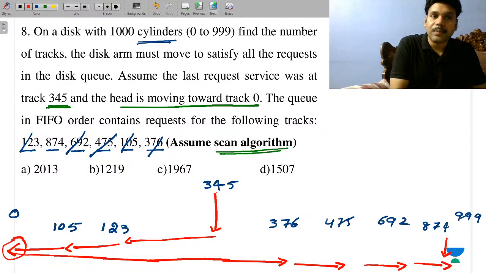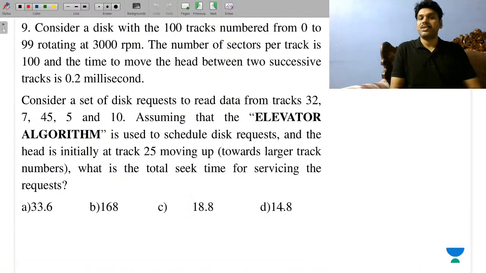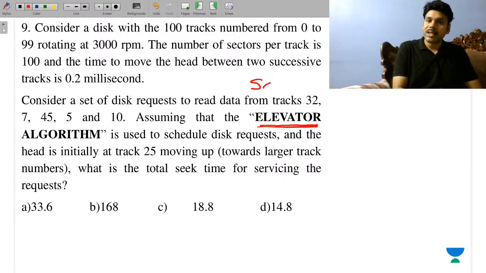Next we have the ninth question, elevator. The other name of the elevator algorithm is nothing but scan only. There are 100 tracks, 0 to 100, rotating at 3000 RPM.